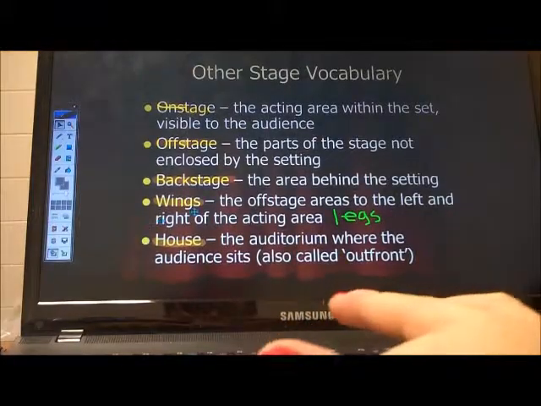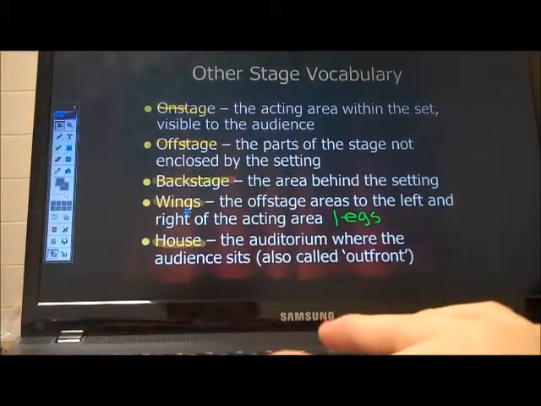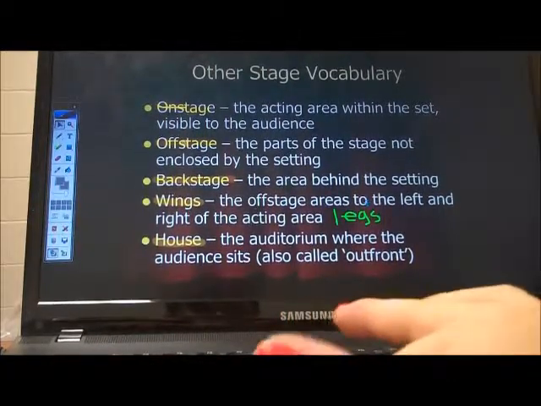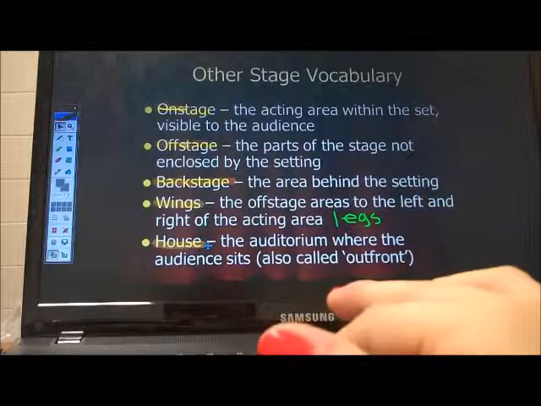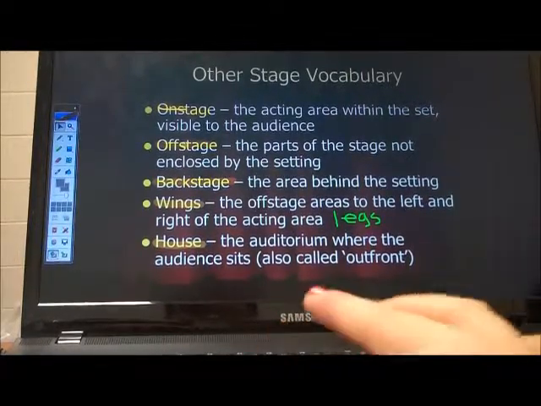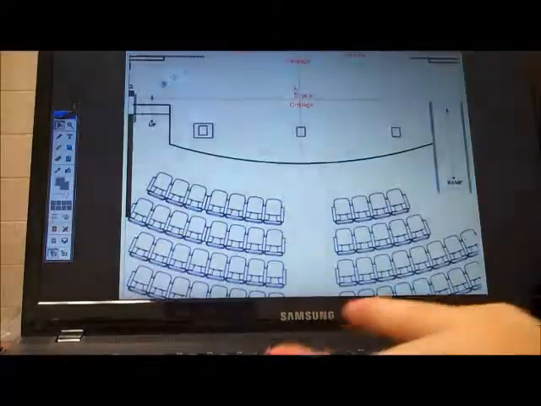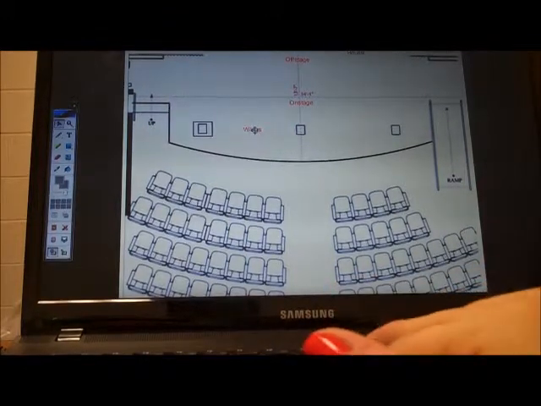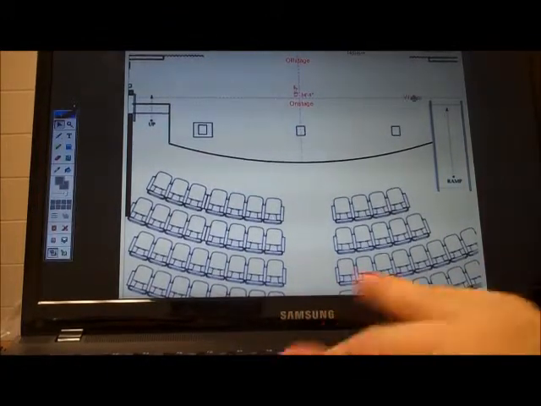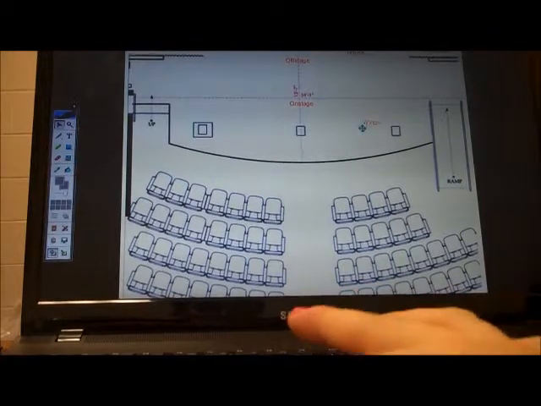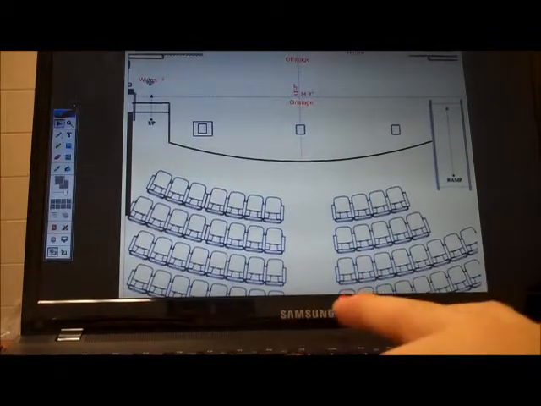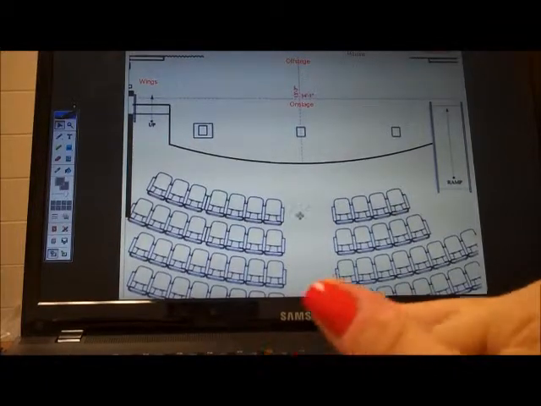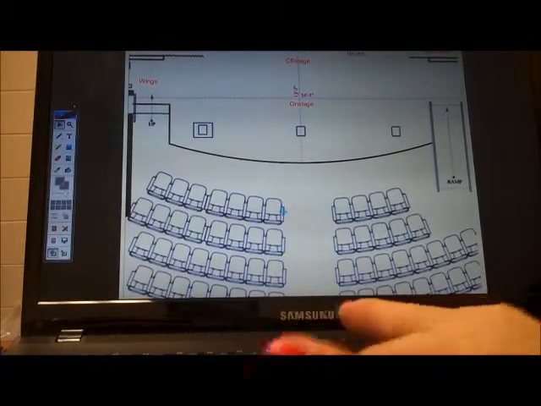And then we have the wings, the offstage areas to the left and right of the acting area. They would get this wings word and move it to the appropriate place. Now, the correct answer could be either side, but it's going to be in this area. And you can see it's before you go through the closed doors, and it's out of audience view, so you won't be able to see anything.